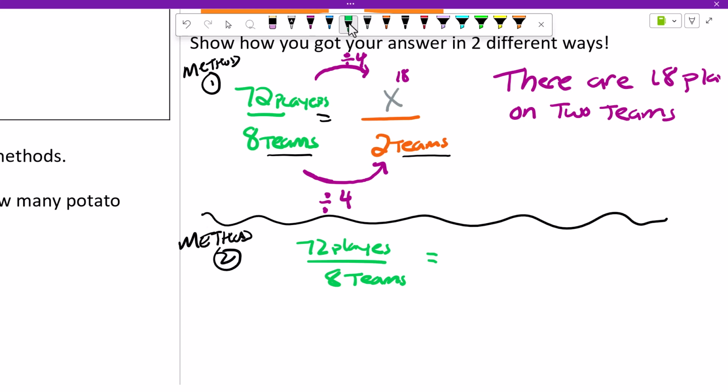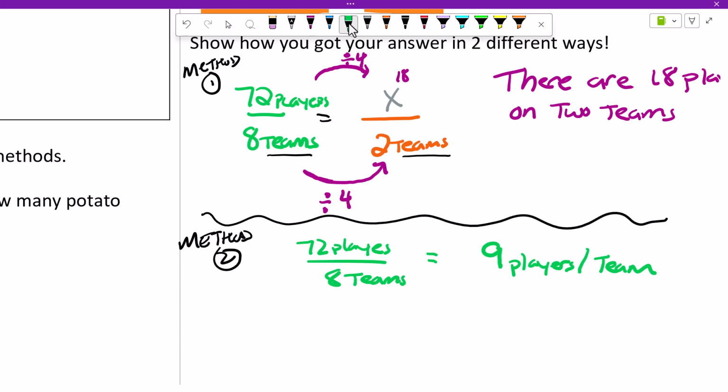Right? So 72 divided by 8, can you do that in your head? 9. So this gives us 9, the units, players per team. So now this is our unit rate. So we know that each team has 9 players.